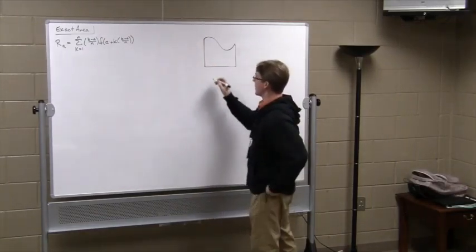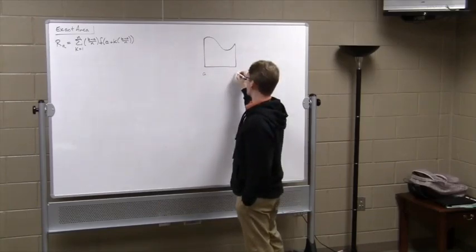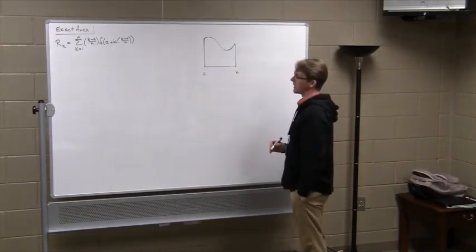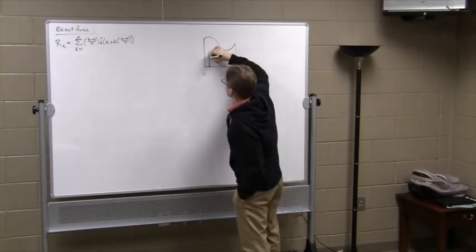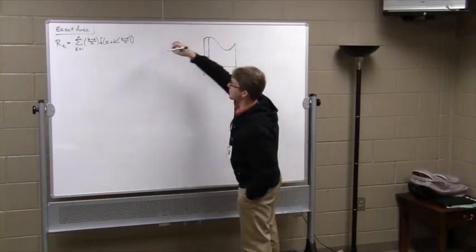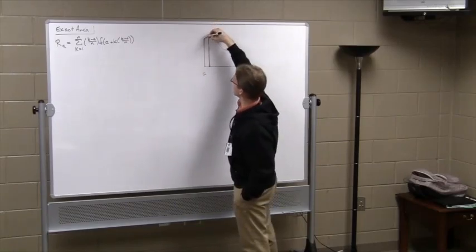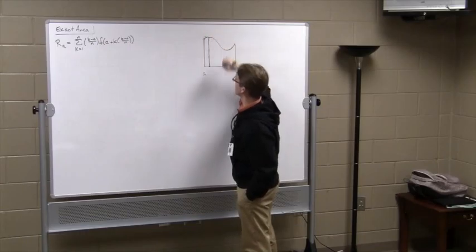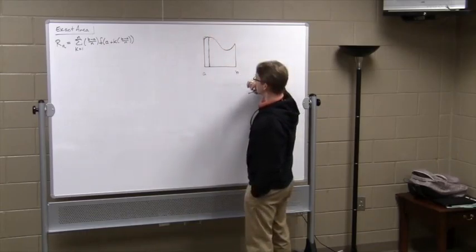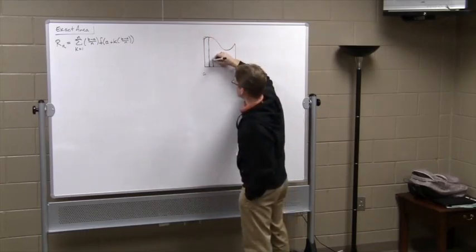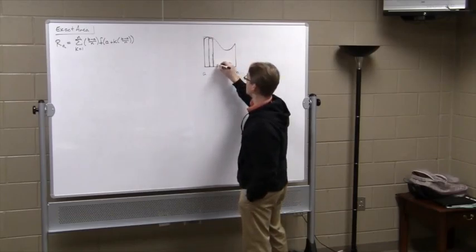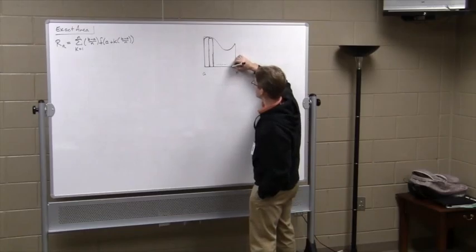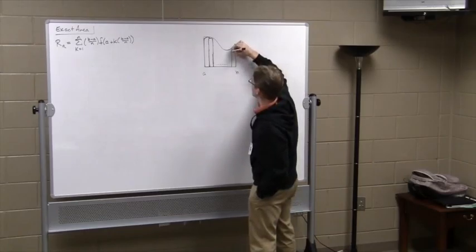We'll just say this is the random starting point A, it's the random ending point B. And so a slice or a rectangle might look something like this. Because we're using right, the argument will be the same for left, but let's just say right looks like this. So here would be the first rectangle. Here would be the second rectangle, and so on and so forth to the last rectangle.